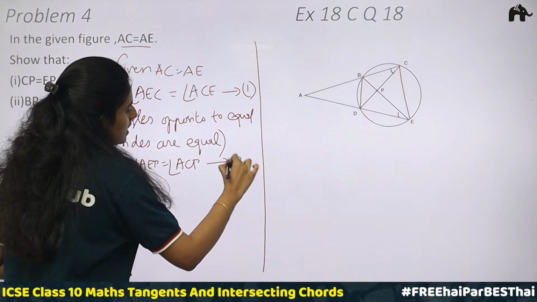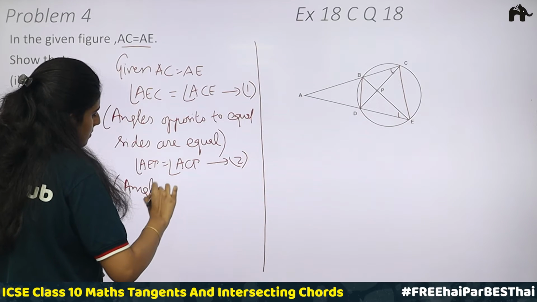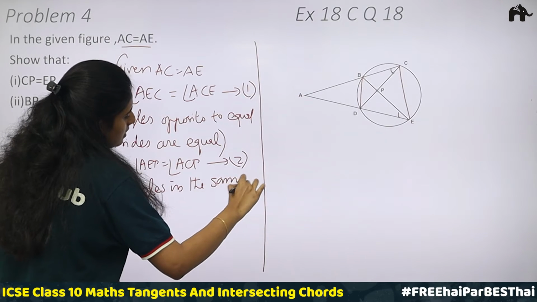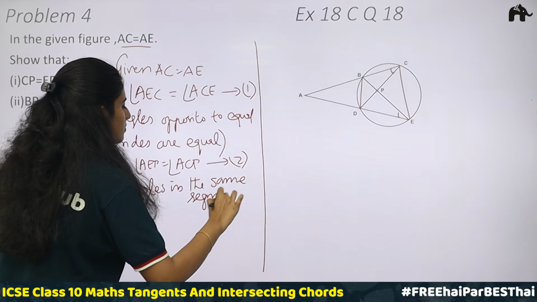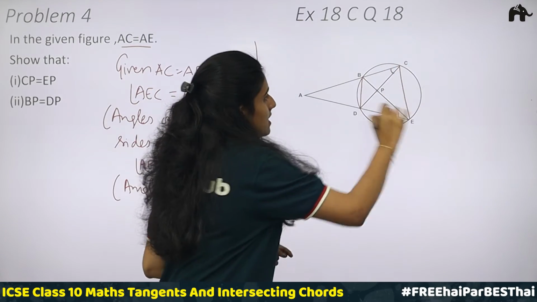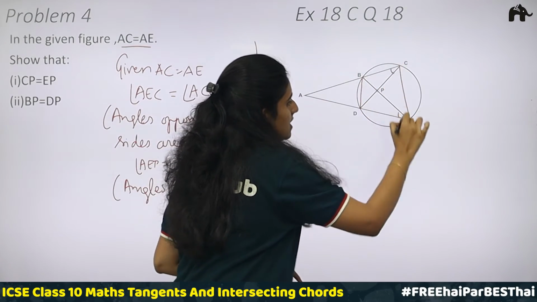This I am taking as equation 2. What is the reason? Angles in the same segment.